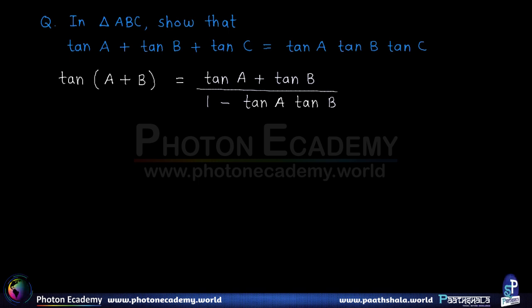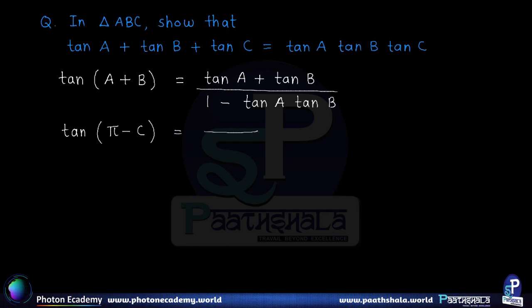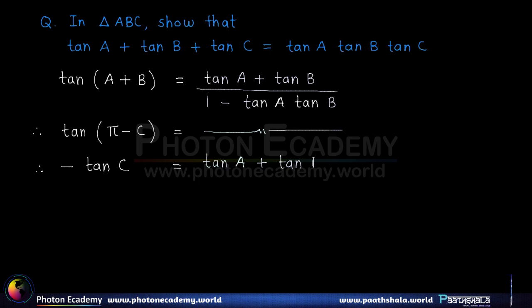Now if we are talking about angles of a triangle, then we can always write A + B as π − C, so that is equal to this right hand side. But we know that tan of π minus any angle is equal to minus tan of the same angle. So −tan C is equal to (tan A + tan B) upon (1 − tan A tan B). And now we just cross multiply and adjust.